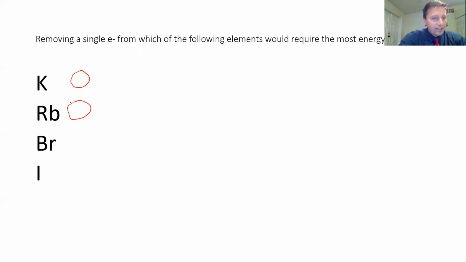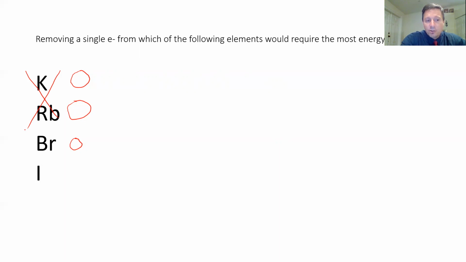So bromine is going to be a little smaller, and then you have iodine, which is directly under bromine, still on the far right, which means it's going to be smaller than the ones on the left. So we could automatically say, these are metals, they tend to lose electrons, so the ionization energy is going to be lower, so we cross those two off.